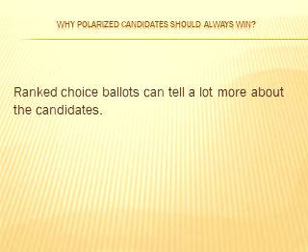Ranked choice ballots can tell us a lot more about the candidates. As a thought experiment, imagine that all I can see is the plurality ballot results while you can see all rankings. Will we all see the same thing?